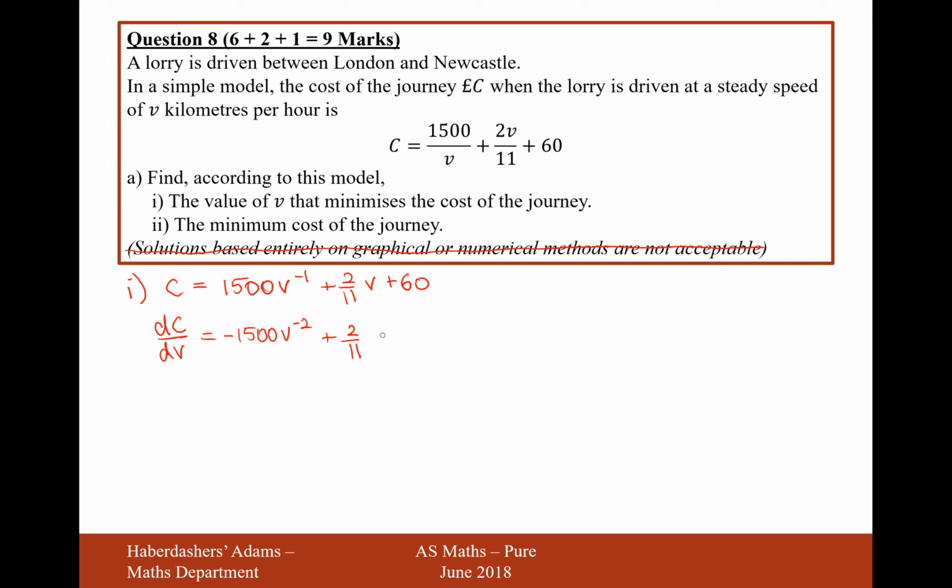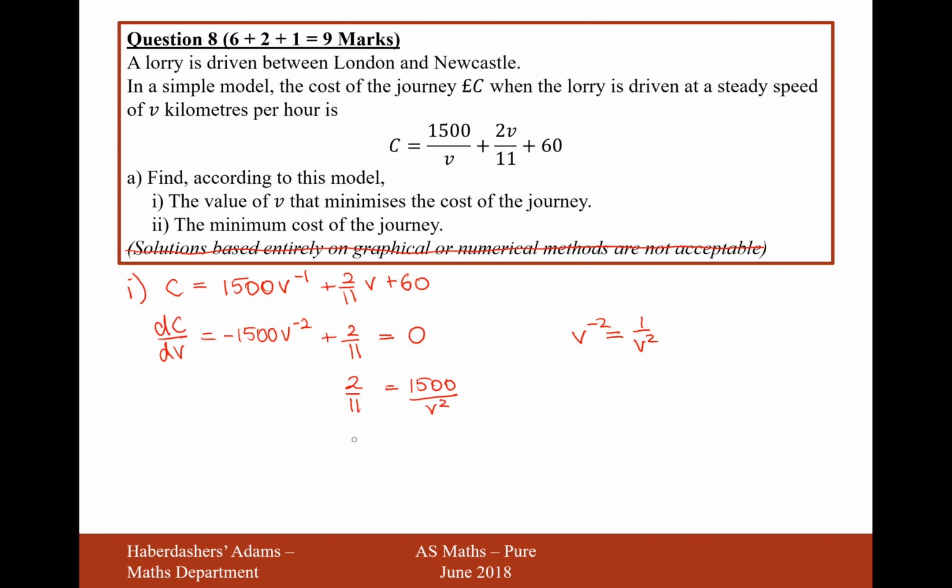Now, if we want to make this a minimum value, we need to set the derivative equal to 0 and solve this equation. So the first thing I'm going to do is move that negative part onto the other side by adding it onto the other side. And remember, v to the minus 2 as an index can be represented as 1 over v squared. So this is going to be 1,500 over v squared.